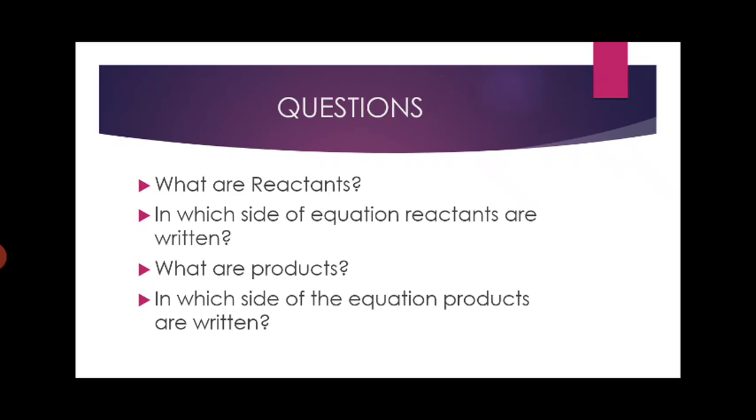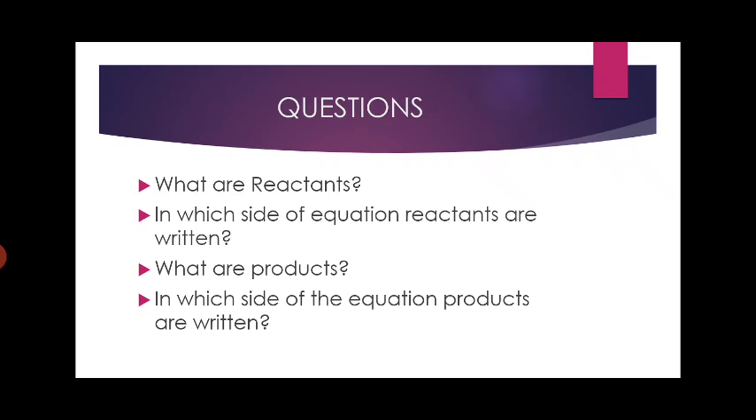Before starting the lesson, let's go through the following questions. The very first question is, what are reactants? Reactants are the substances taking part in a chemical reaction. On which side of the equation are reactants written? On the left side of the chemical equation.